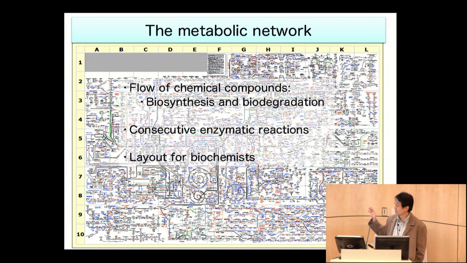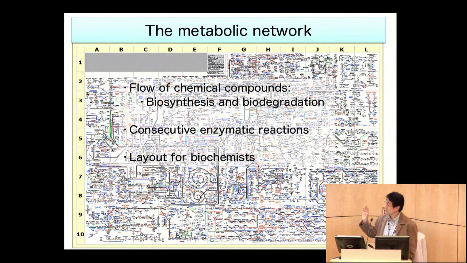Many biochemists, molecular biologists, or biologists get used to this kind of layout, such as in the center there is glycolysis, and then the TCA cycle is represented as a cycle or something like that.